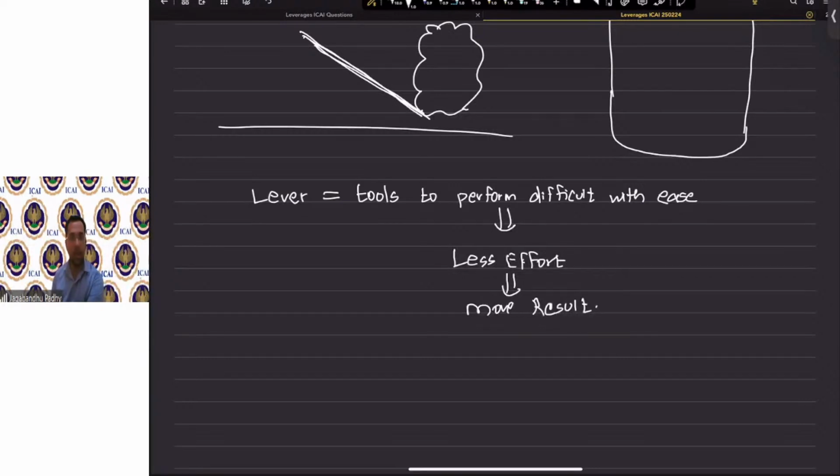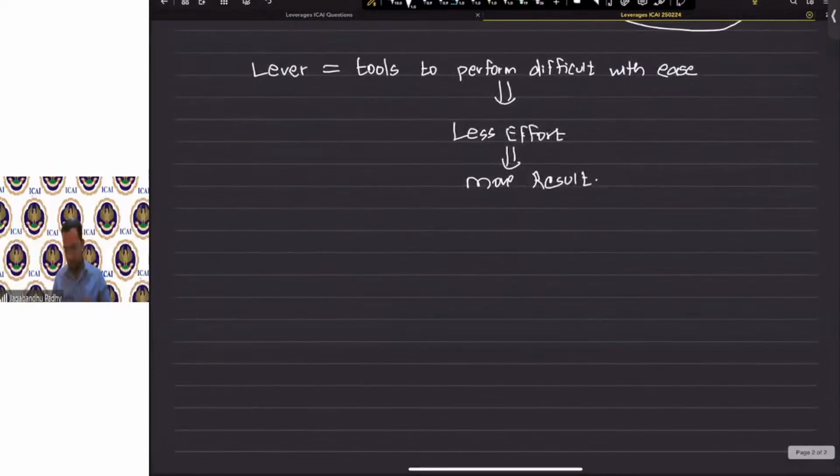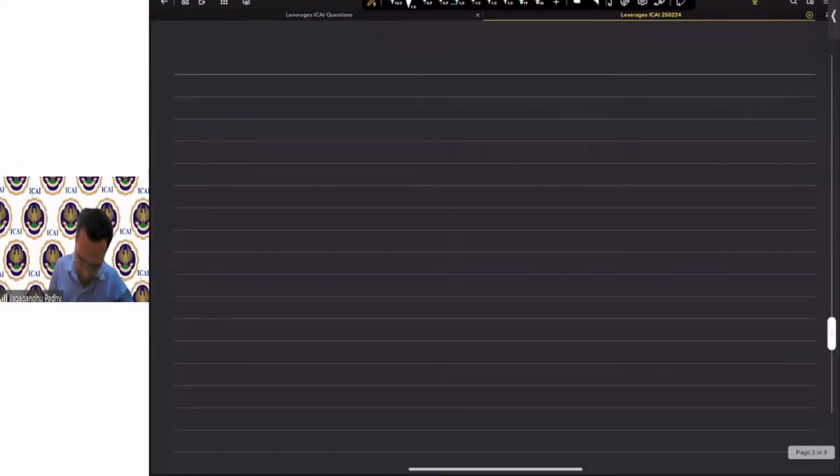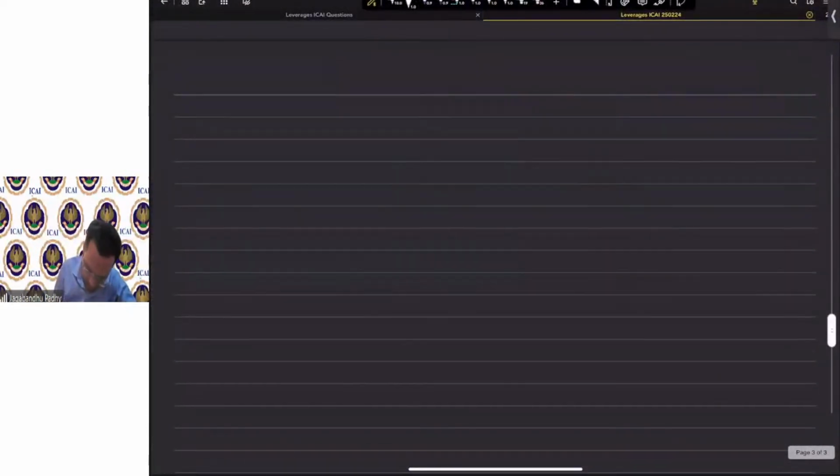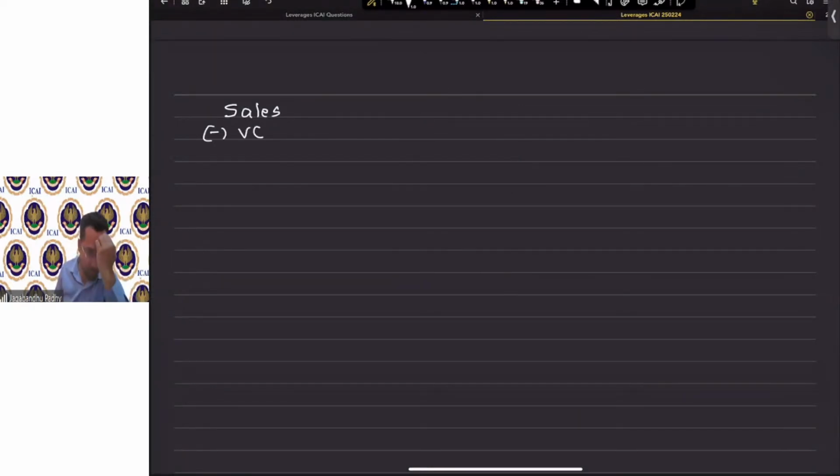In finance also, we are likely to see this sort of phenomenon where you put in lesser effort, but you're likely to get more result. Let me show you one such case. Suppose we prepare an income statement for a company. We begin with sales. From that, let's reduce the variable cost, right?